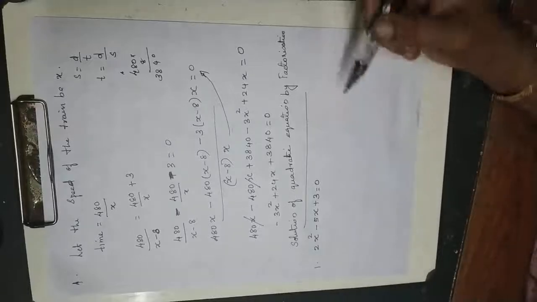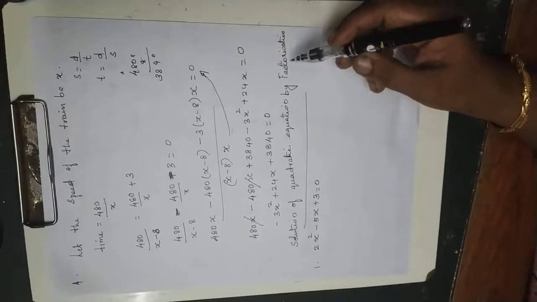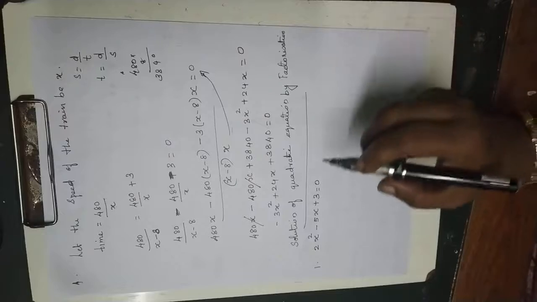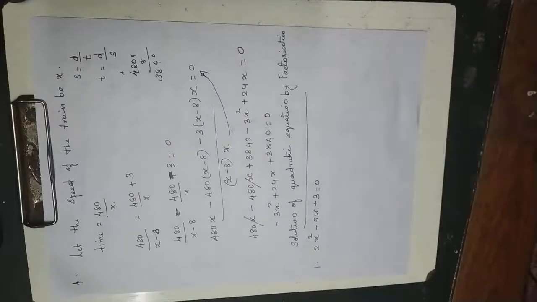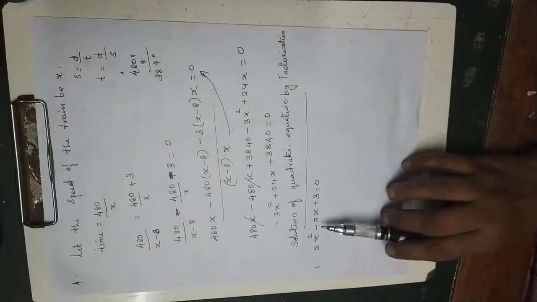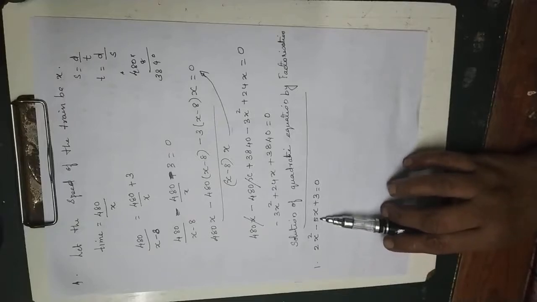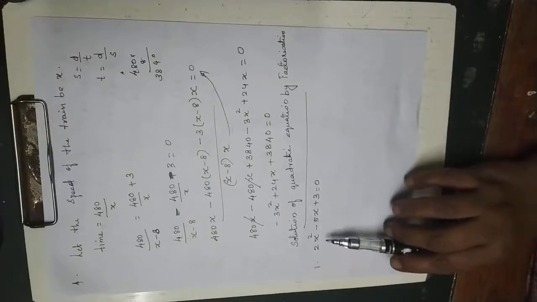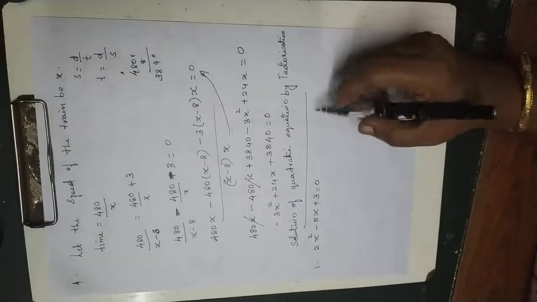Here we are using the splitting the middle term factorization method. You have to select two numbers such that their multiplication will be 2 into 3, that is 6, and addition will be negative 5.